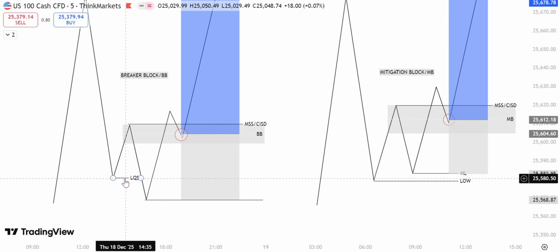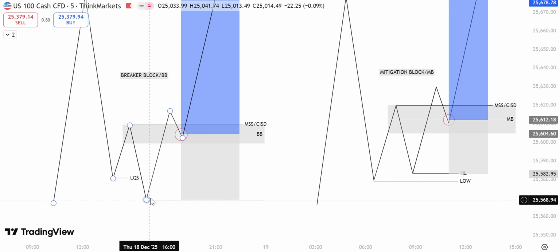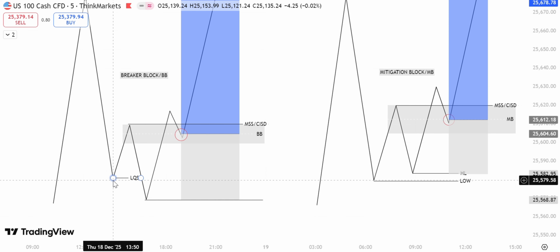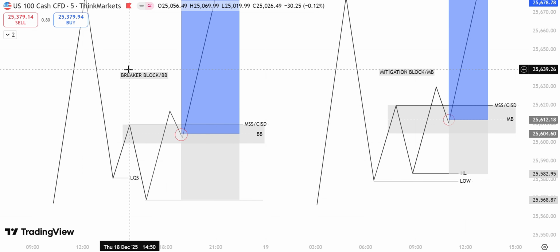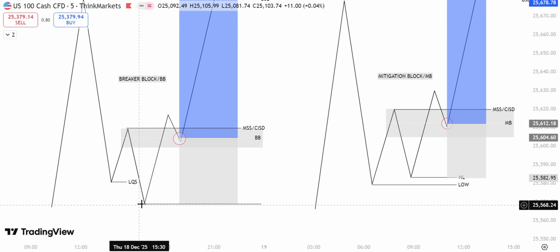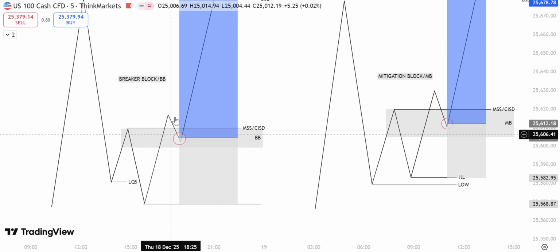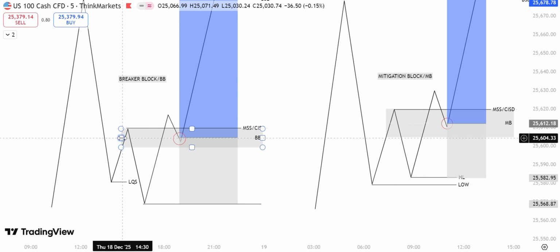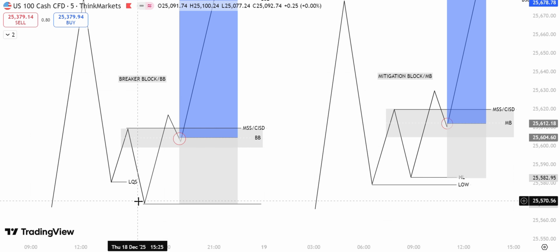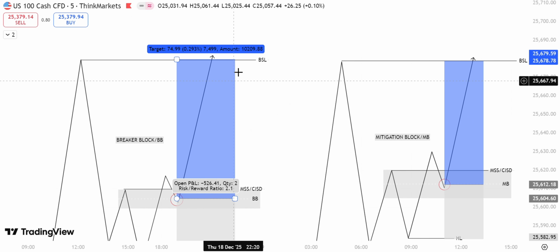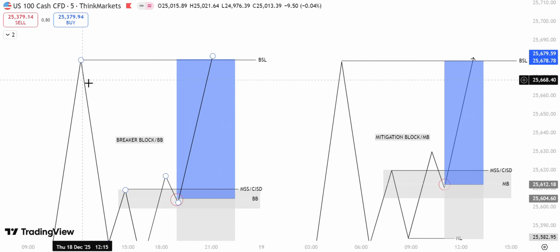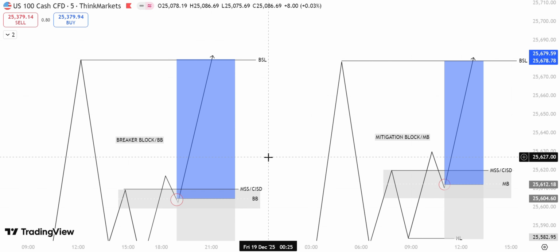This low broke this low, creating a liquidity sweep, therefore the breaker, because it broke this low, and then this low exploded up, and when it exploded up, it manipulated the 50% of this last candle or this last series of candles from the impulsive move down, and then went to target the buy side liquidity, which was formed from the previous impulsive move. It's that simple.